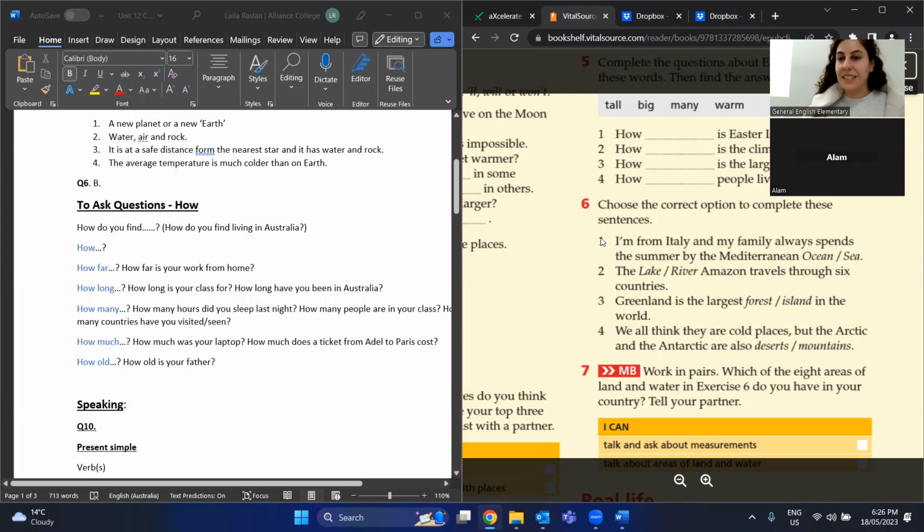Through 6 countries. Yeah. Or you could say the Amazon River travels through 6 countries. It's the biggest in the world. Is it? Or is it the Nile? No, it's the Amazon. Okay, the Amazon River. It's the largest, not the longest.